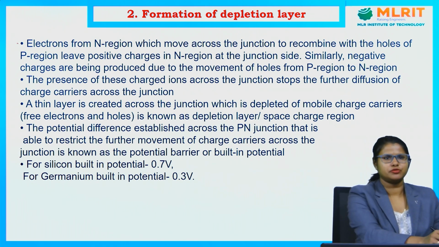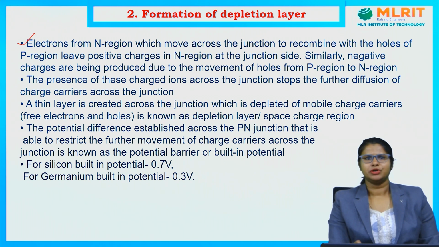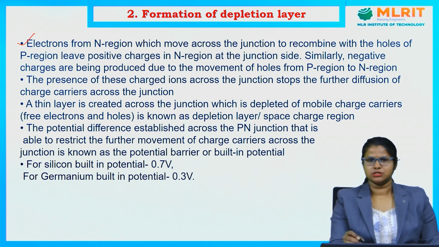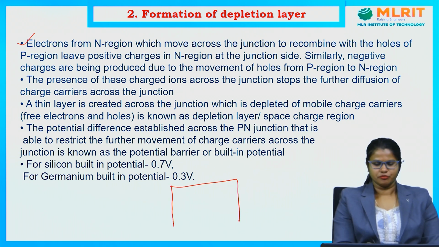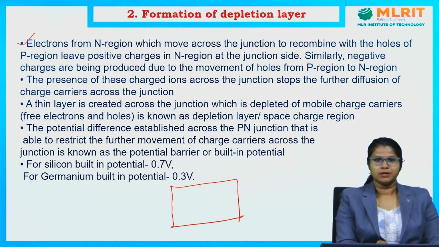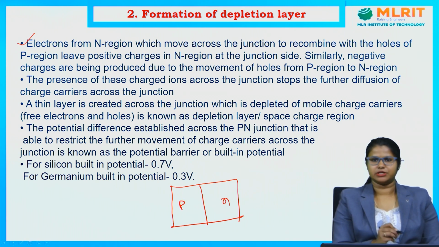Electrons from the N region will move across the junction to recombine with the holes of the P region. In a PN junction we have a P-type semiconductor connected with an N-type semiconductor.